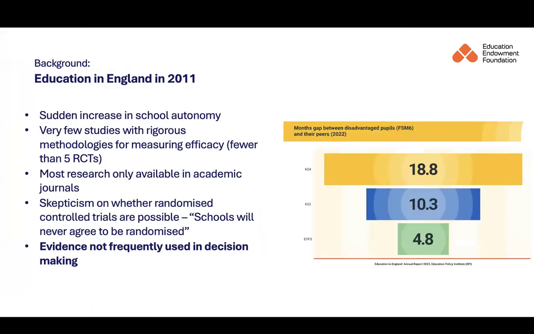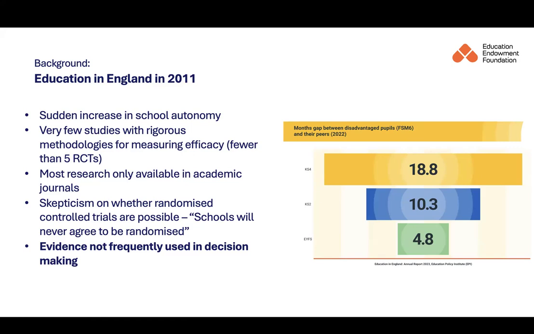But as I said, context is really important, and the context that the EEF came to existence in is education in England in 2011. And lots of these characteristics might be common to lots of education systems, but there are a few things that I do like to draw out when talking about the EEF. So we're a relatively young organisation, having started in 2011.